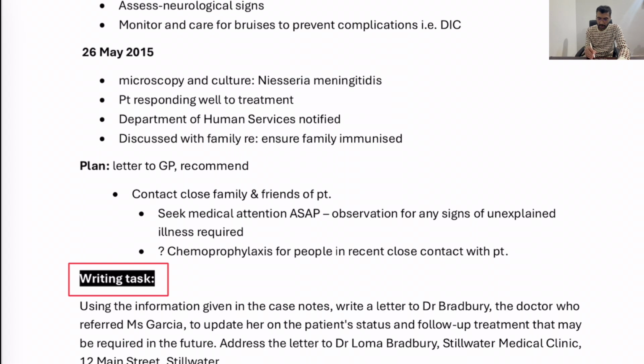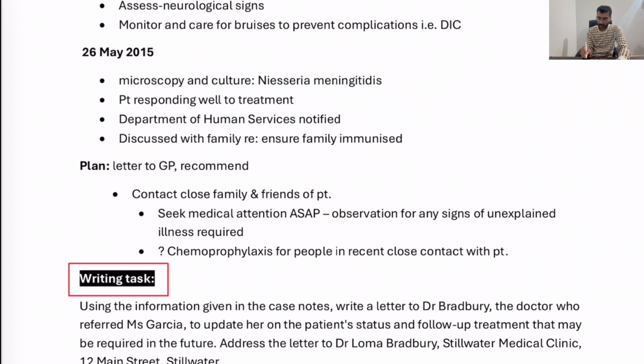So using the information in the given case notes, write a letter to Dr. Bradbury, the doctor who referred Miss Garcia, to update her on patient status and follow-up treatment that may be required in the future. Address the letter to Dr. Loma Bradbury, Stillwater Medical Clinic, 12 Main Street, Stillwater.